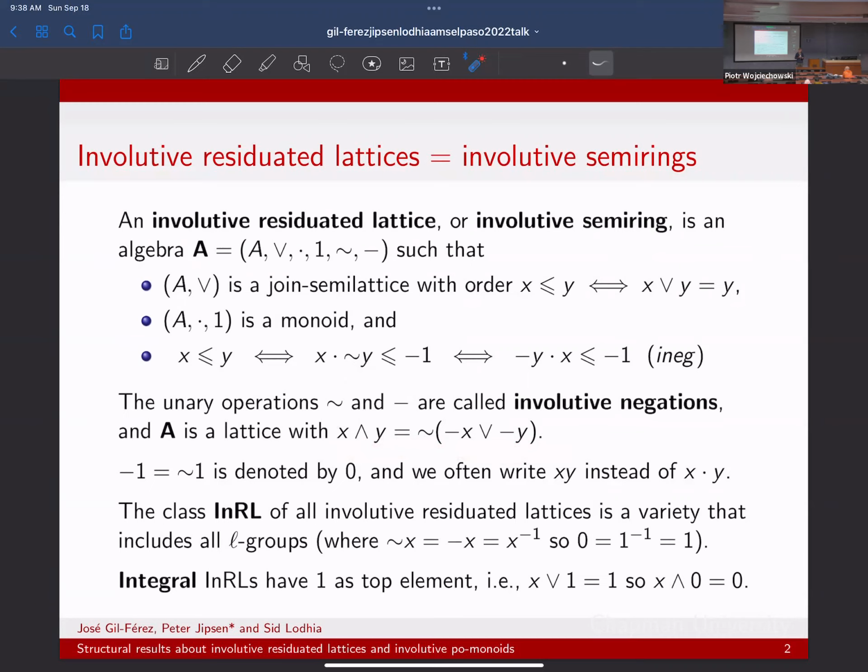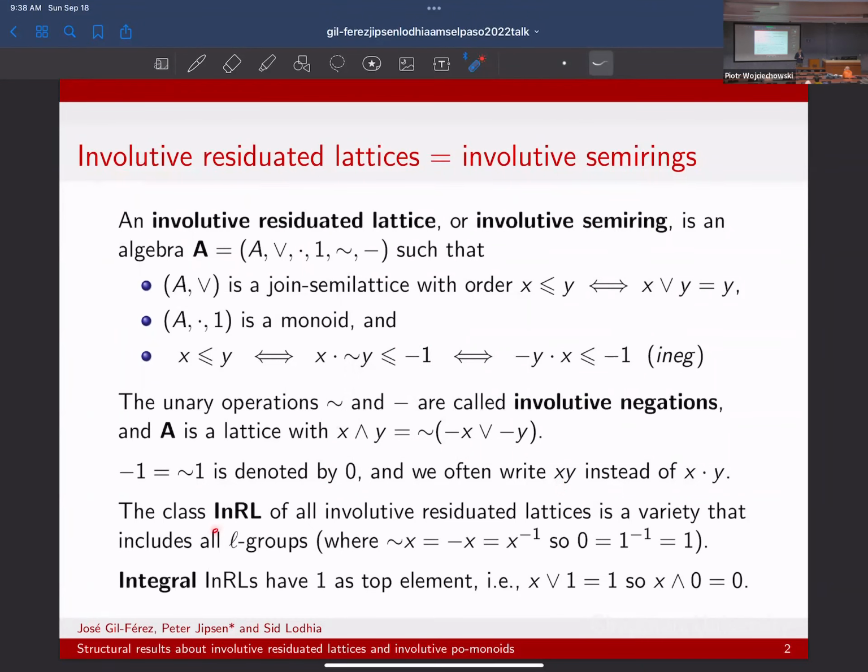And in particular, it doesn't matter that in the definition here we used minus 1 instead of tilde 1. They turn out to be the same, and they will be denoted by 0, as is traditional in residuated lattices. And also we leave out the dot, of course, when we write terms.